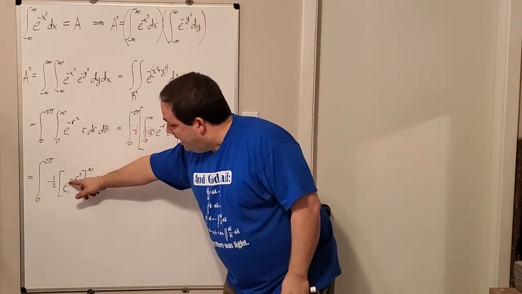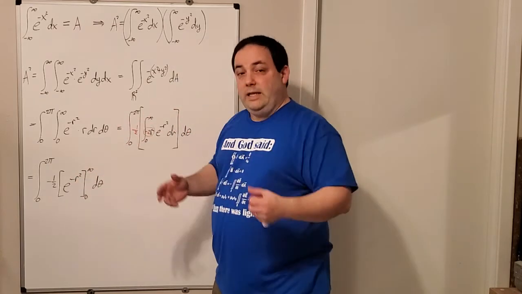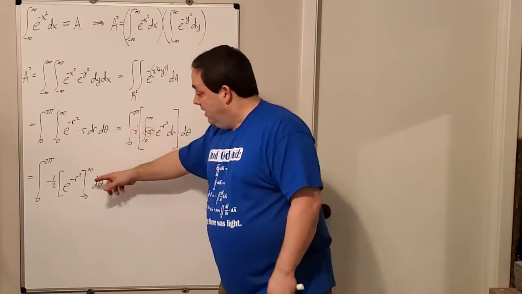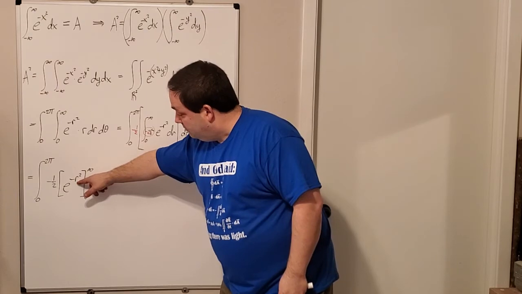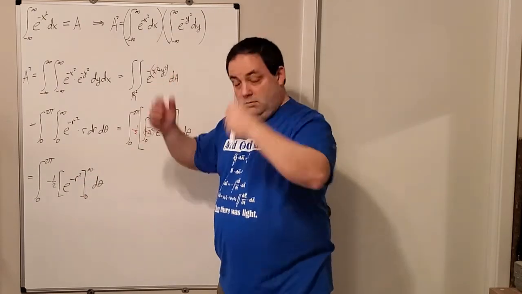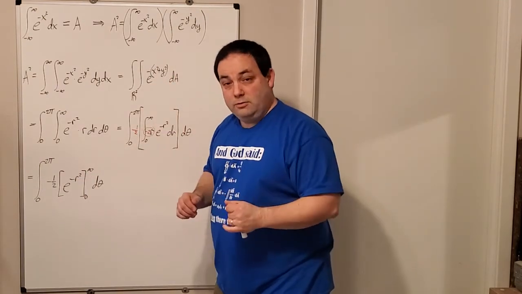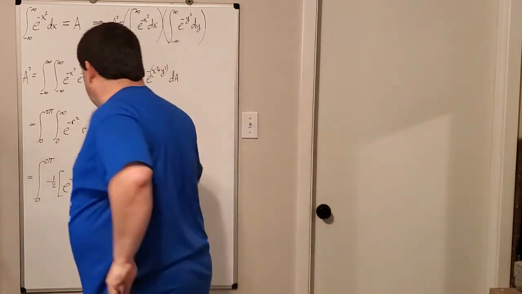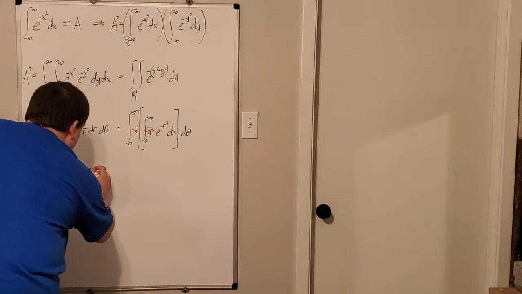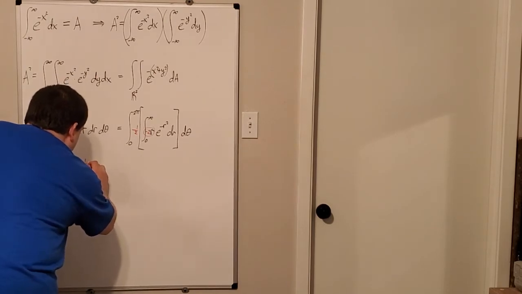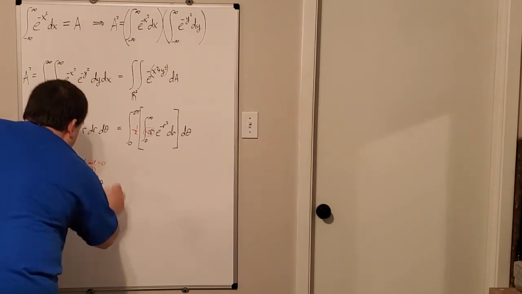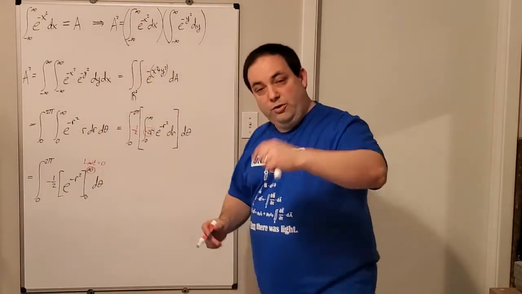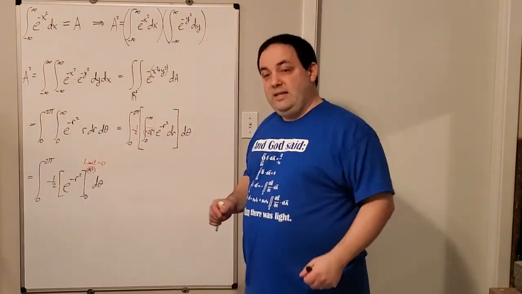But it's e to a negative infinity, right? The limit as r goes to infinity of e to the negative r squared, e to the negative r whatever, right? That's going to go to 0, right? That limit goes to 0 when you let e to the negative infinity, basically.